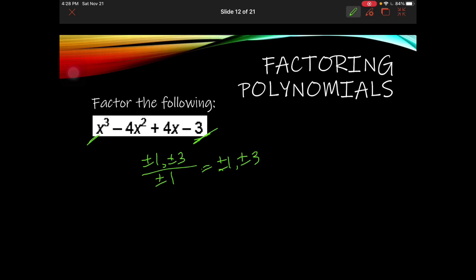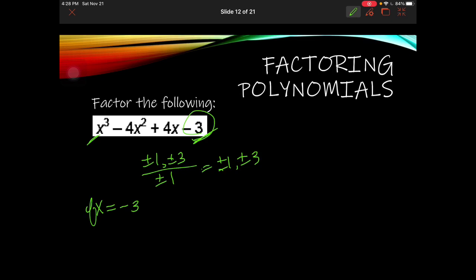So, next po, syempre, magte-testing na tayo kung sino ba talaga dito ang possible root. So, unahin na natin dahil negative 3 siya, unahin na natin si negative 3. Okay? So, if x is equal to negative 3, we will substitute it here. So, according po sa ating factor theorem, if magiging 0 ang ending nito, factor si negative 3. Okay?